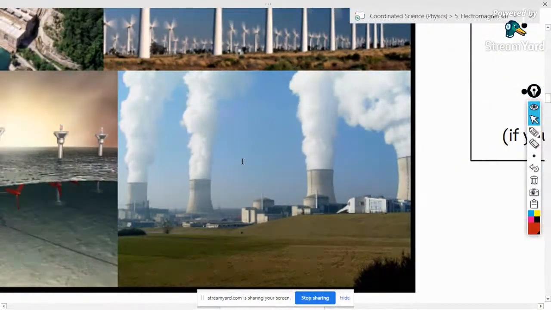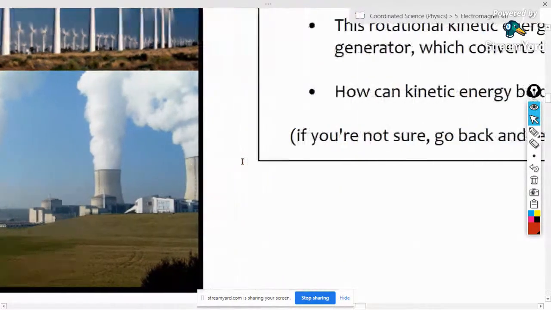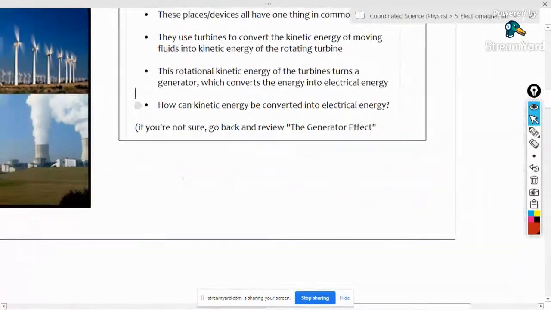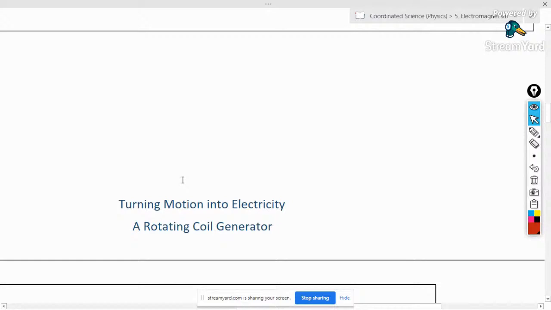And over here, this might be a nuclear power station, where nuclear fuel gets really, really hot and they use that to boil water in a closed system. When that water expands, it takes up a lot more volume, and they use that expansion to turn a turbine, which then turns a generator. That's what all of that says. You can read this over in your own time.